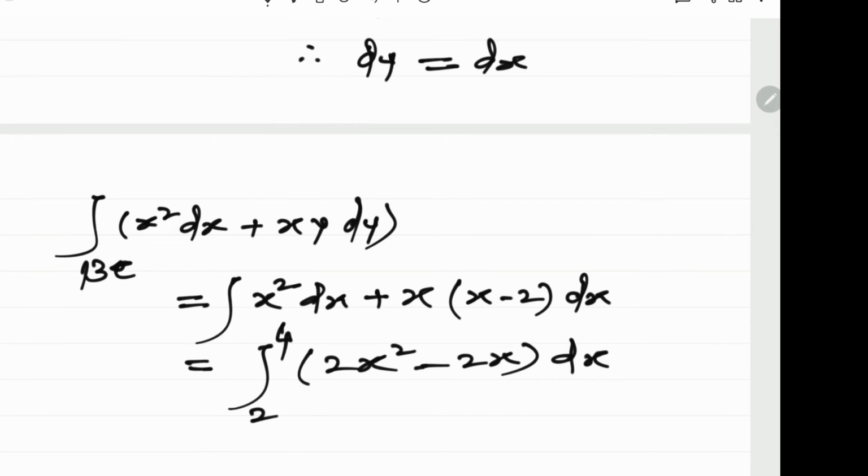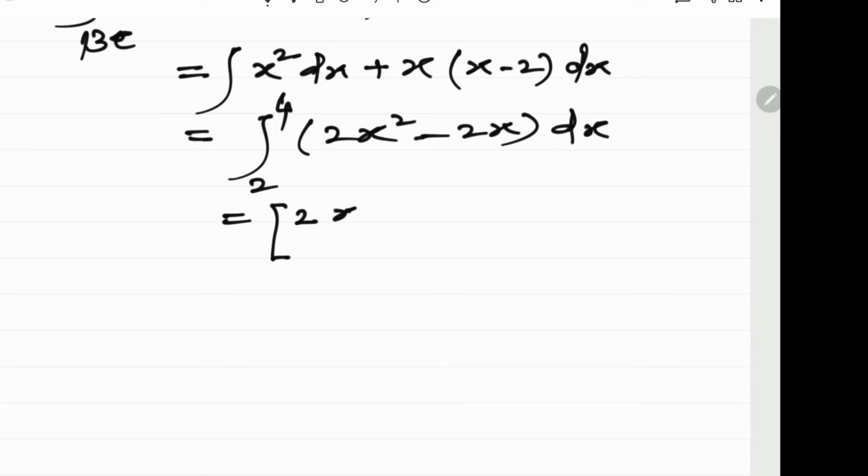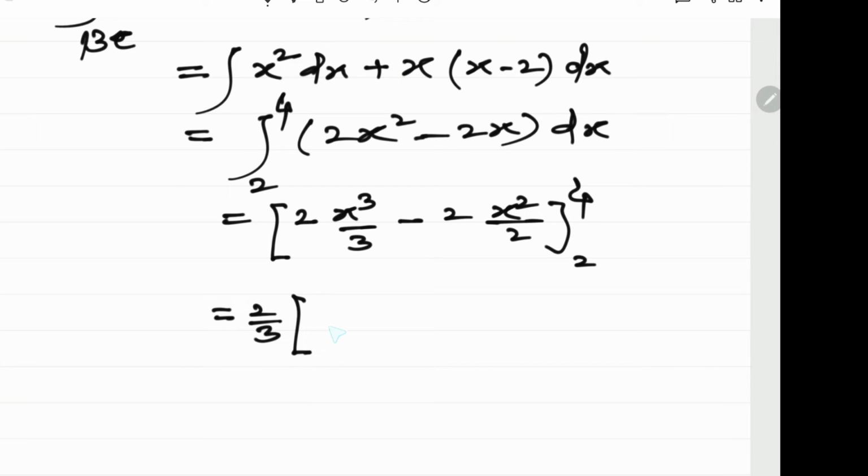It is from 2 to 4, and therefore integrating it we get 2x cubed by 3 minus 2x square by 2, limits from 2 to 4. 2 by 3 into (4 cube minus 2 cube, that is 8), and minus in bracket (4 square, that is 16, minus 2 square, 4).